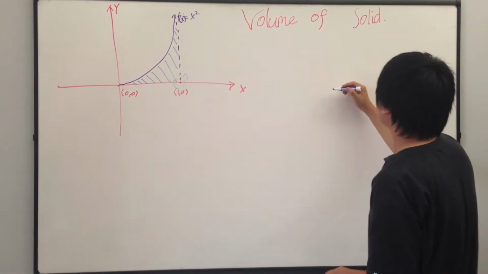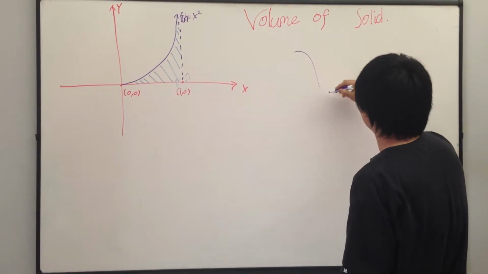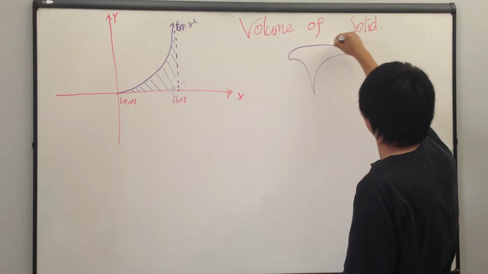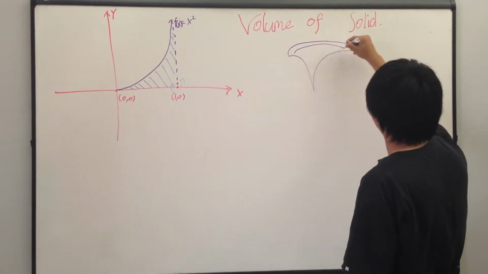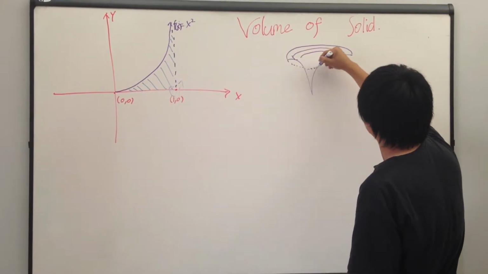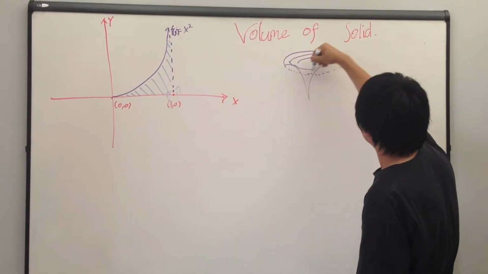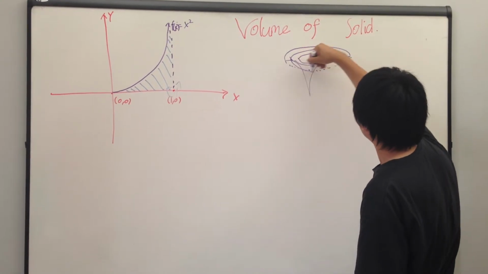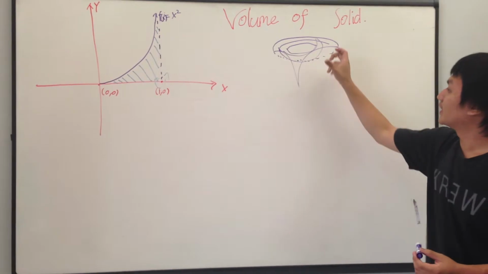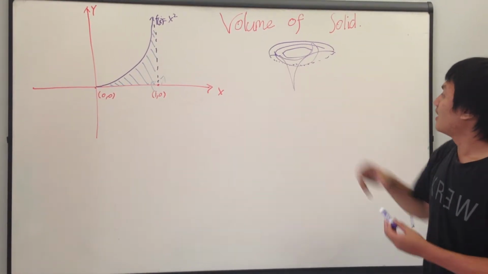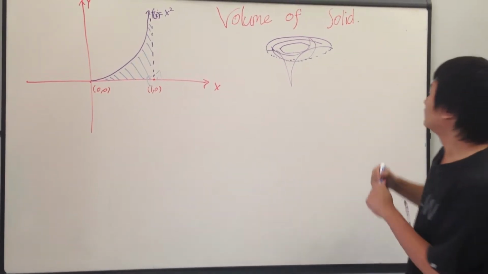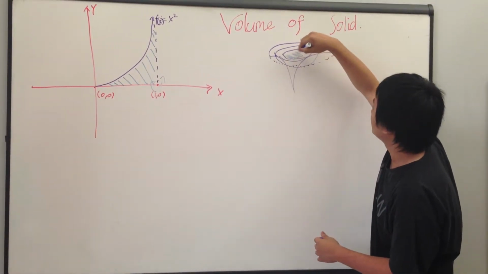So it's like this. You have an open circle and things are going down that way. And inside of it is solid. The volume inside of this is solid.